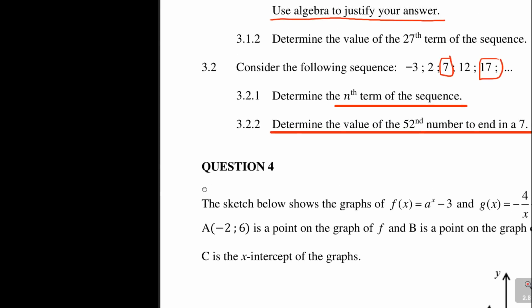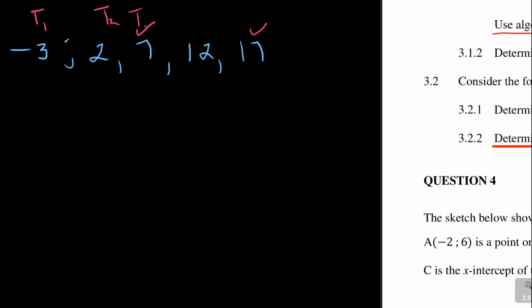Let me write this sequence again. It was a tricky question there. 3, 2, 7, 12, 17. So this one ends in a 7, this one in a 7. Remember, it's T1, T2, T3, T4, T5.